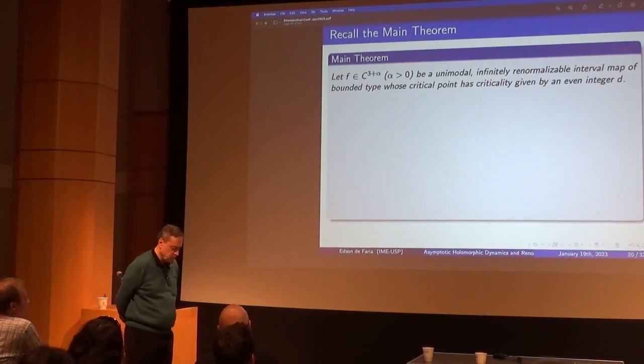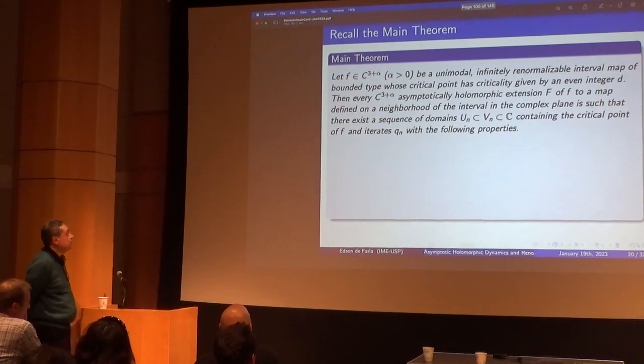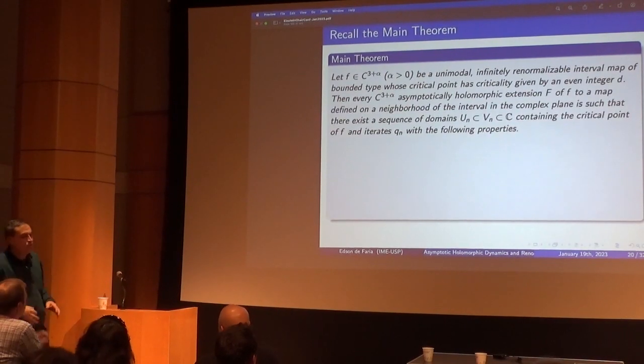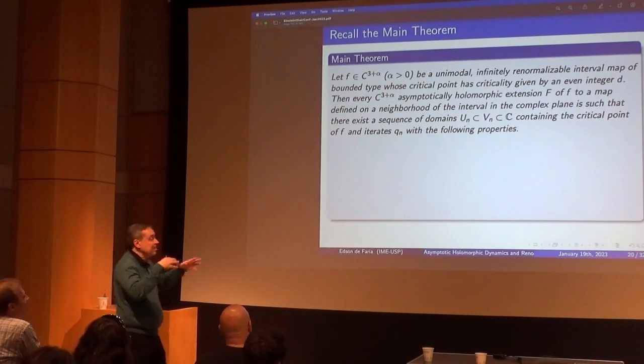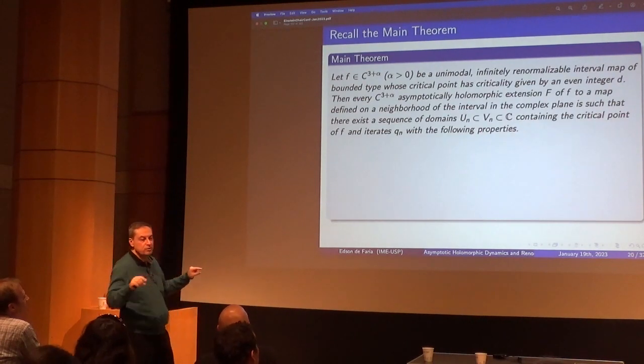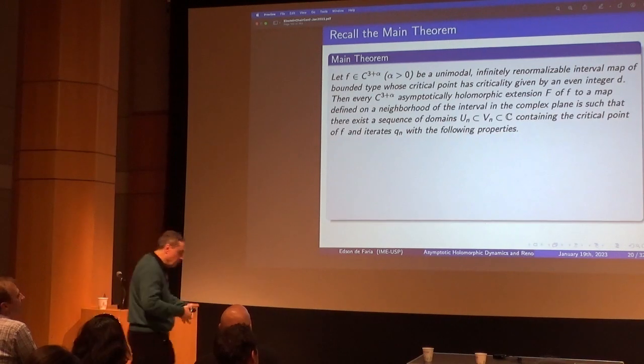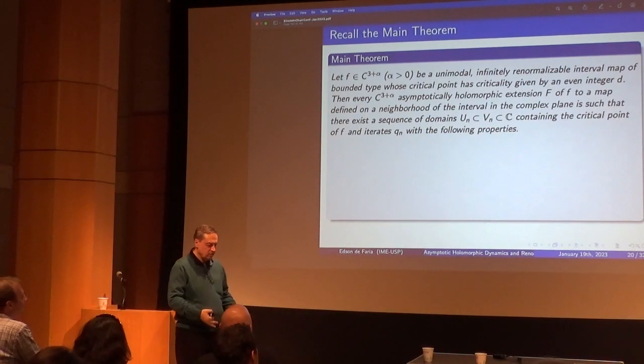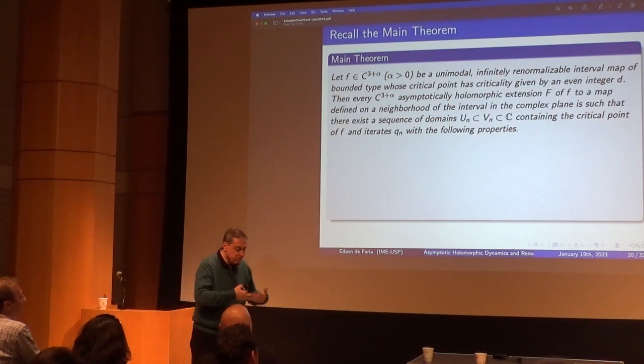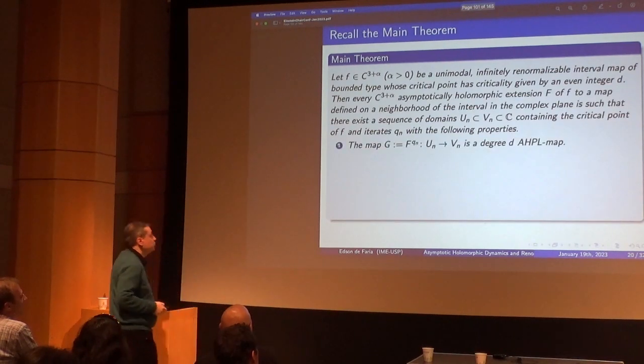2, 4, 6, whatever. Then if you take any asymptotically holomorphic extension of this map to a neighborhood of the real axis, you can start renormalizing this asymptotically holomorphic extension, and the deep renormalizations are going to have the properties that we want.